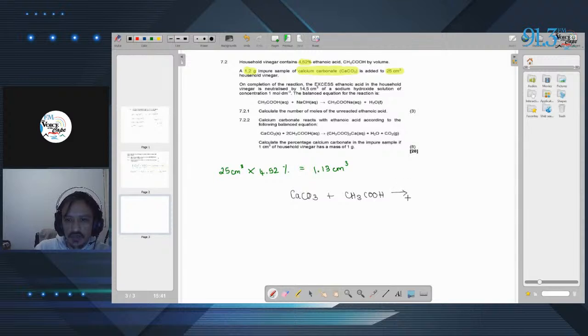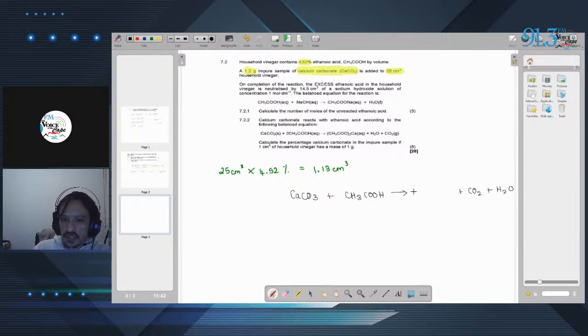Calcium carbonate, CaCO3, is a metal carbonate reacting with an acid, so we always get CO2 and water, and then we get a salt.